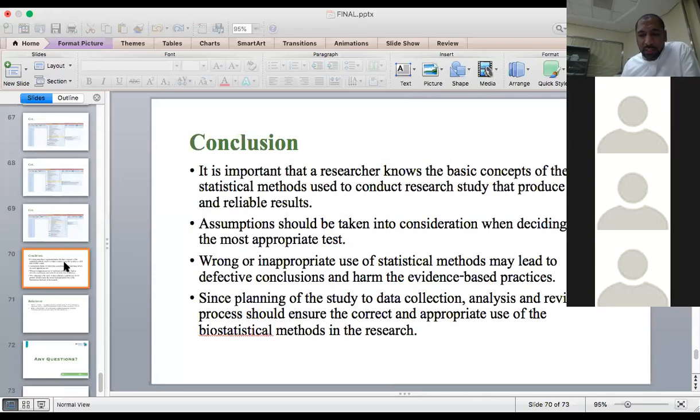So the statistical analysis to be conducted has to be planned at the time of the proposal, at the time of planning the study: what variables will be tested together, what data to be collected, and what test will be conducted for the study.